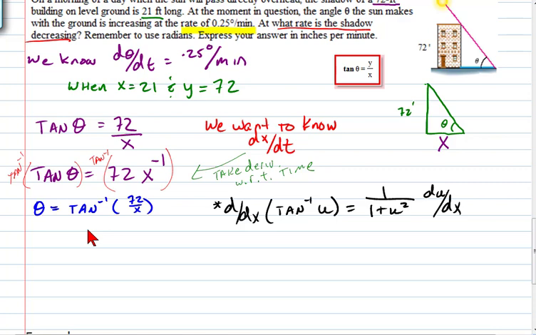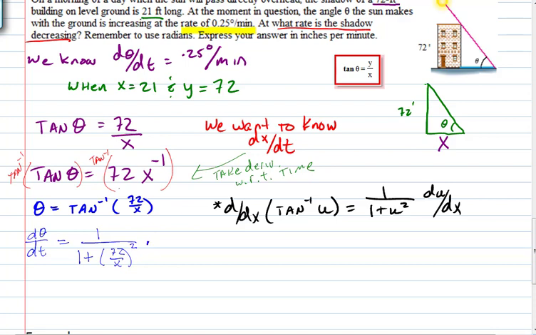And guess what? When we take the derivative with respect to time of this function, we get d theta dt equals the derivative of this, which is going to be 1 over 1 plus the angle squared, times du dt.